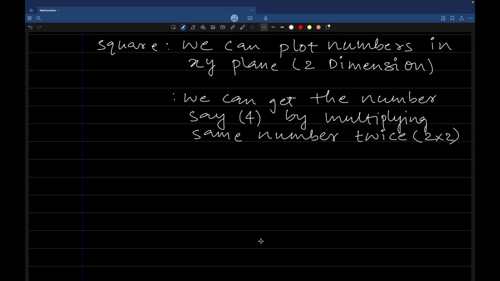Now let's take the third question, 2.3. Why are 1, 8, 27, 64 called cube numbers or cubes?